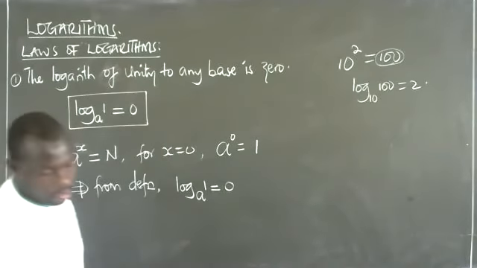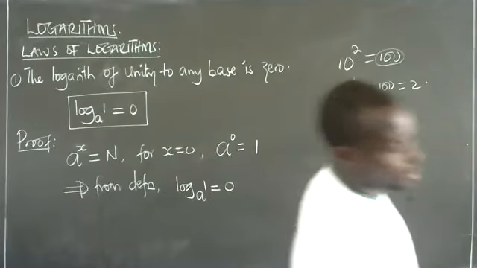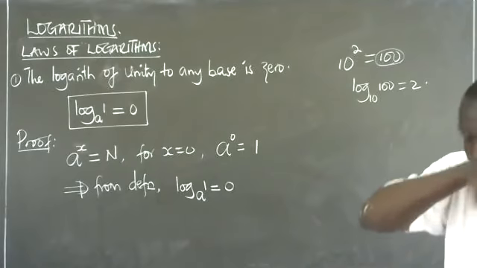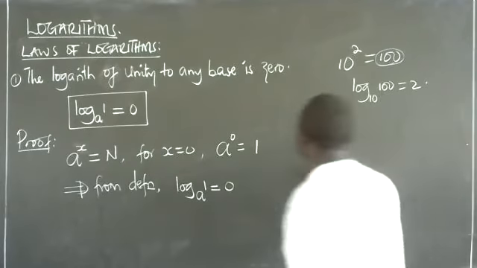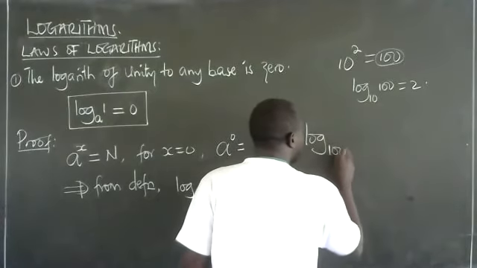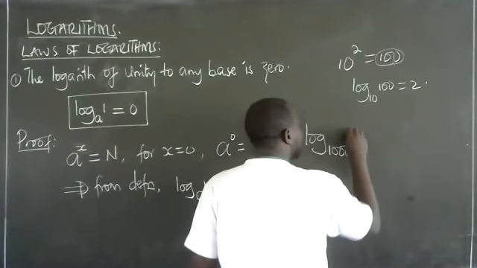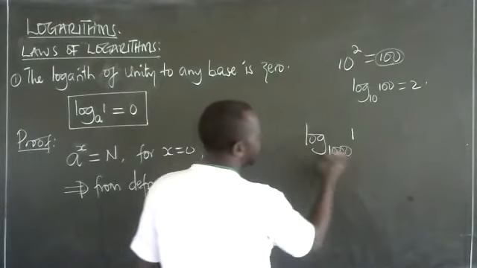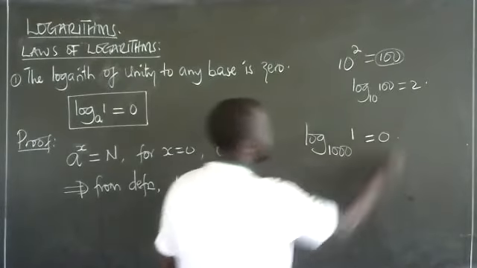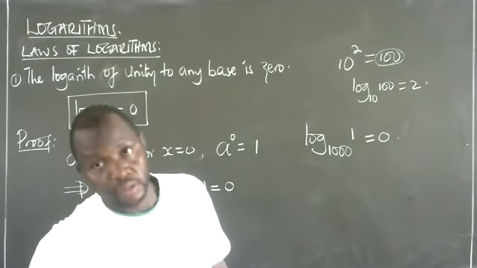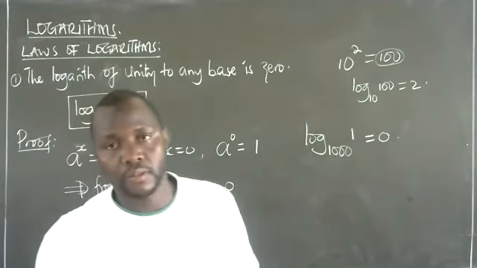This is called law number one, or theorem number one of logarithms. It's important that wherever you find, even if they write log of 1,000 or of 1,000,000, as long as it is the logarithm of 1, irrespective of what base, the answer will always be 0. That needs to be in our heads at all times.